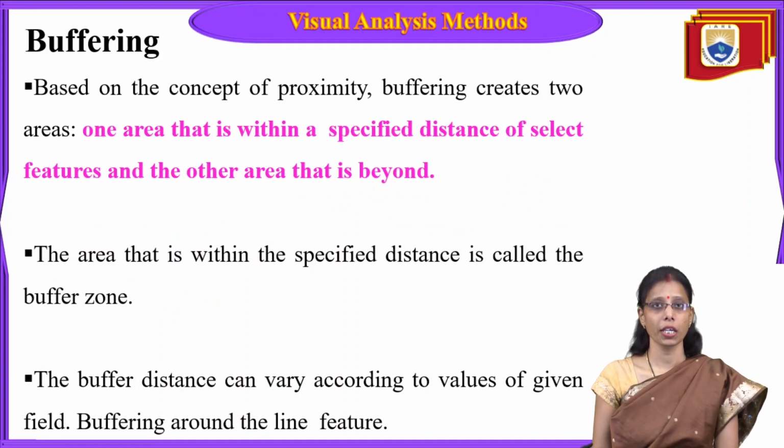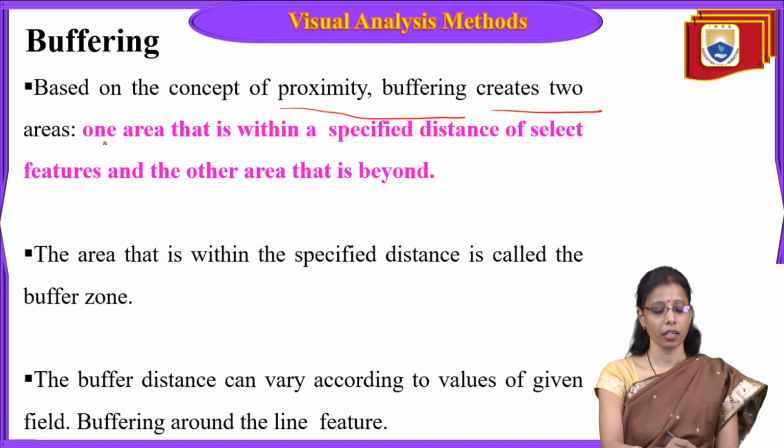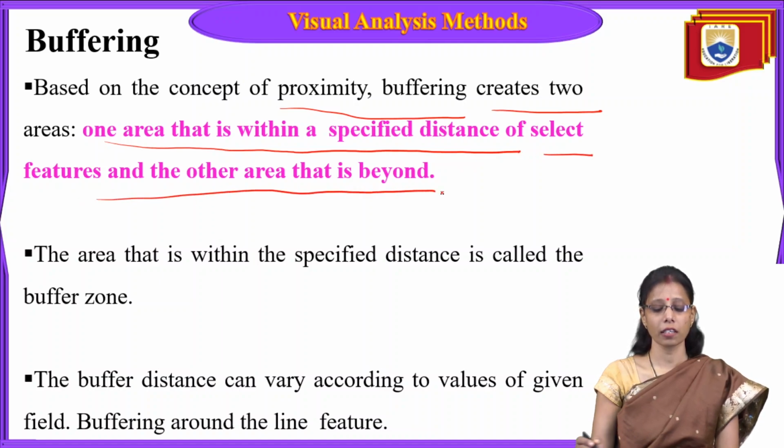Buffering means, based on the concept of proximity, buffering creates two areas: one area that is within the specified distance of the selected features, and the other area that is beyond. So buffering is what? If you have a point, a line, or a polygon, buffering creates a buffer zone around the point, line or polygon.